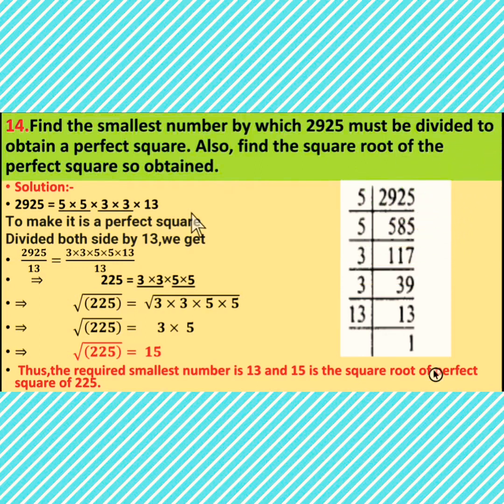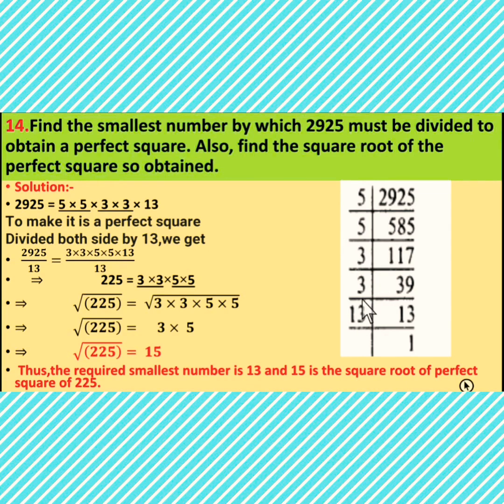Next is question 14. Find the smallest number by which 2925 must be divided to obtain a perfect square. Also find the square root of the perfect square so obtained. We do it similarly. First we find the prime factorization of 2925. We get 5 into 5 into 3 into 3 into 13.